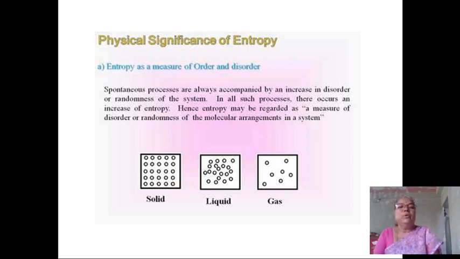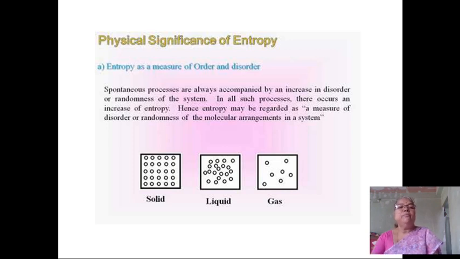As entropy is a thermal property, it depends on temperature. As temperature increases, entropy increases, and hence entropy measures the order and disorder of the system. As disorder increases, entropy increases.